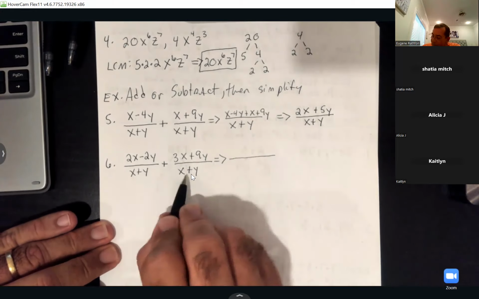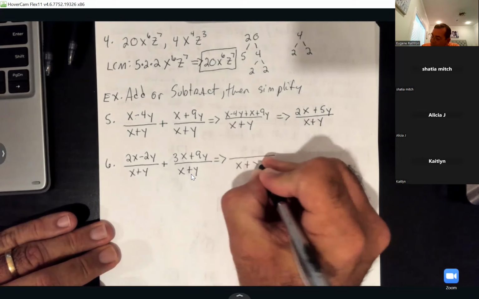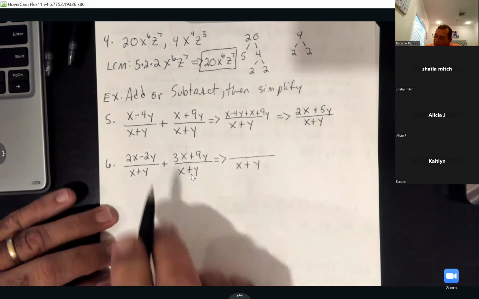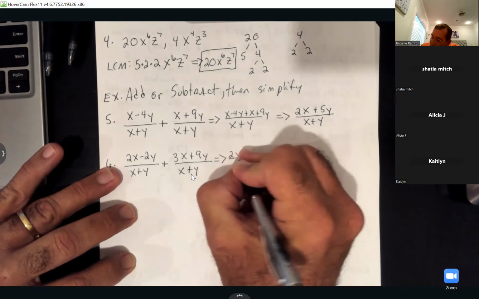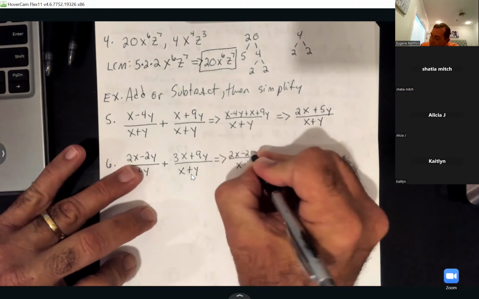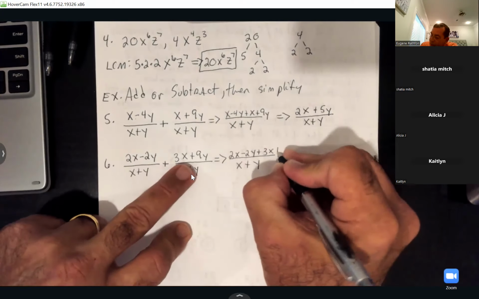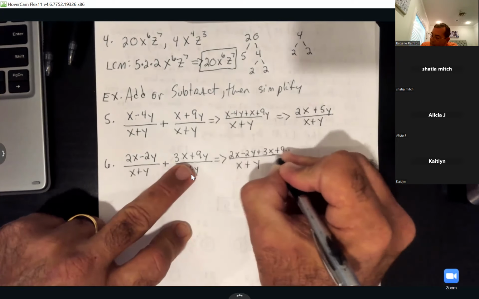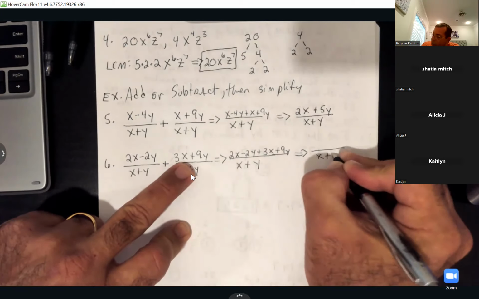So remember the bottom, the common denominator, is x plus y. So the bottom of my answer will be x plus y, and on top we do our operations. So we've got 2x minus 2y plus this 3x plus 9y. Now we know the bottom will be x plus y.